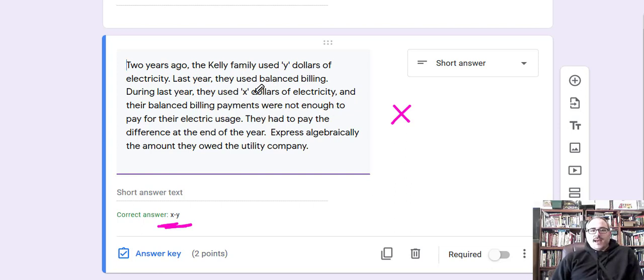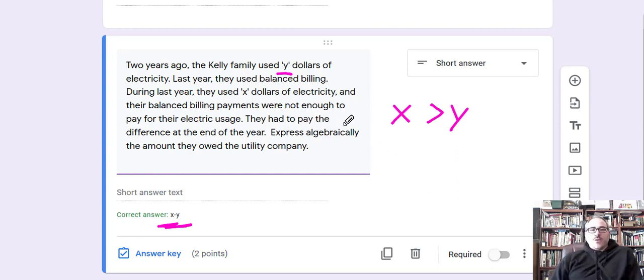And somehow X was more than Y, because the payments based on the Y data were not enough to pay for the electric usage. They used more. X is greater than Y. If they paid the same as they did before, Y, and that's not enough, that means X must be higher, because they didn't have enough to pay for electric usage.